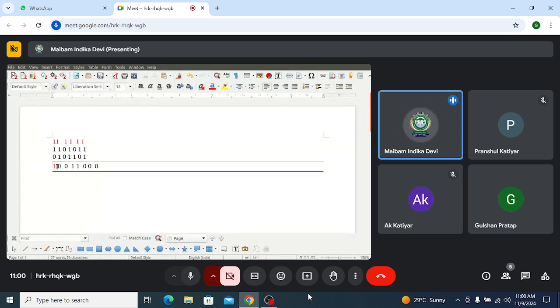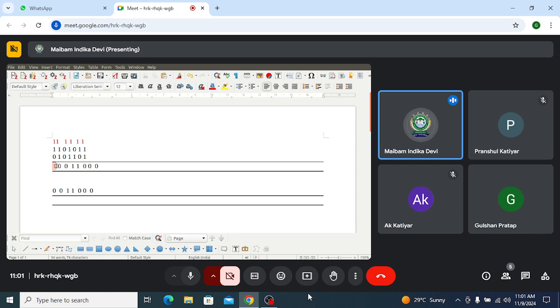So what will happen? This one will be added. Let's do it in the next step. This is the answer, so you will add this one to the least significant bit. What will be the answer that you get out here? 0 plus 1 is 1.